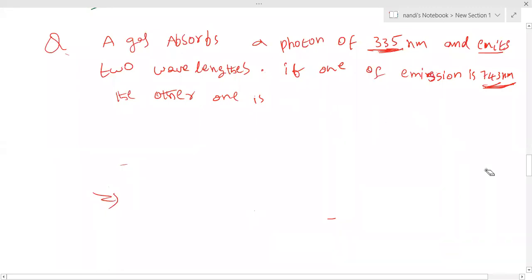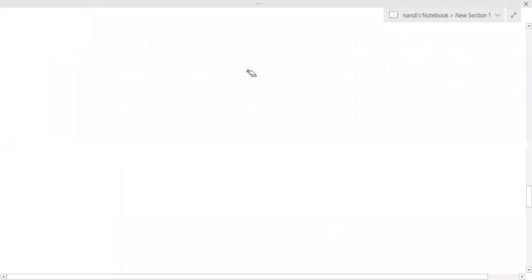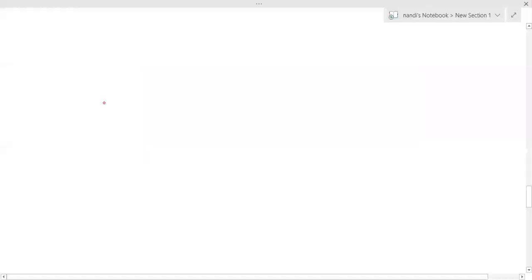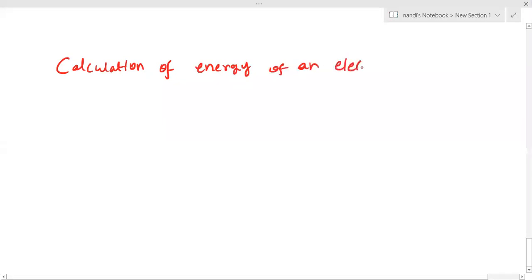Next heading, write it: Calculation of energy of an electron.